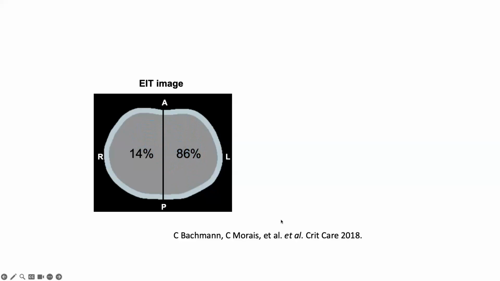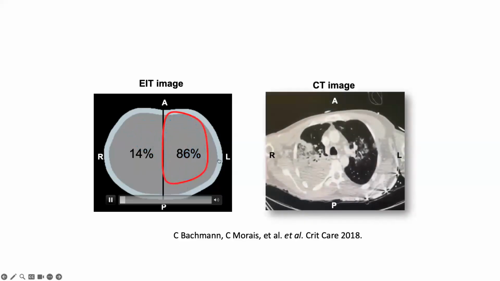And in this case, we have a patient with 15% of ventilation distribution. That means that we are far from the error band. Thus, in this case, we have a high chance of having a patient with a true problem, such as atelectasis or consolidation. And this image also shows that mainly the left lung is functional.